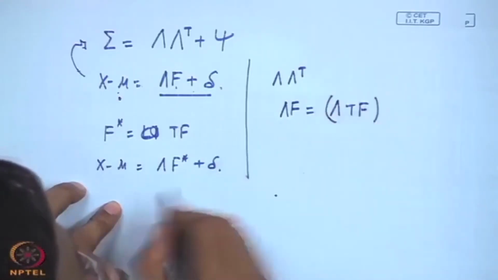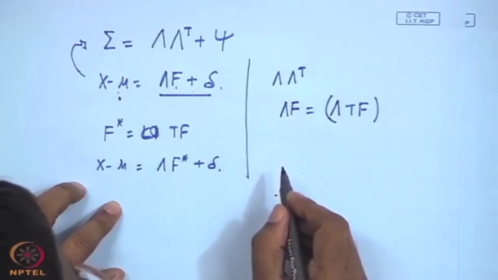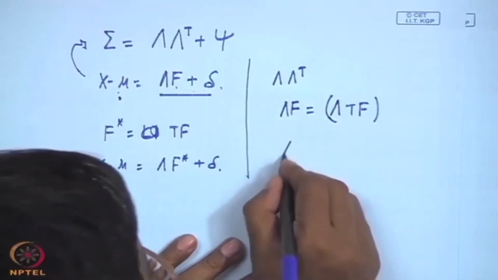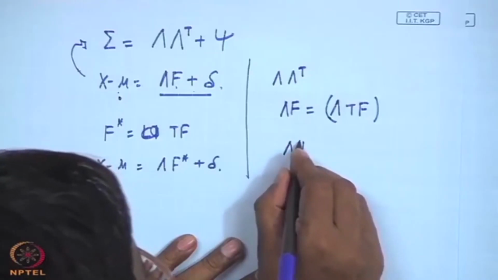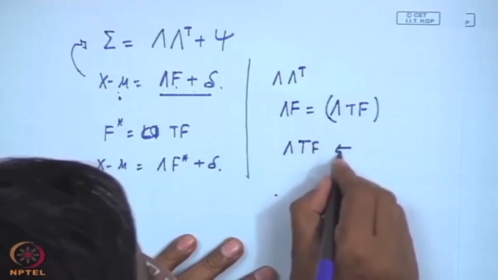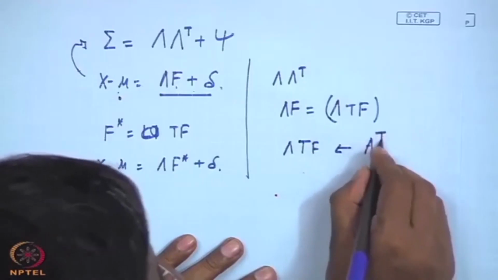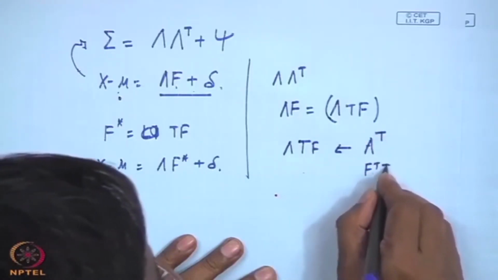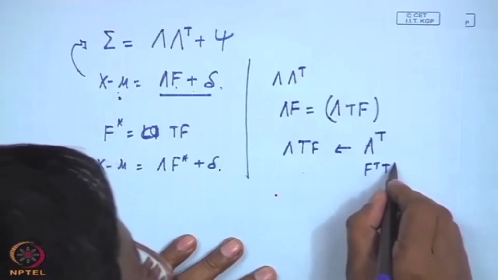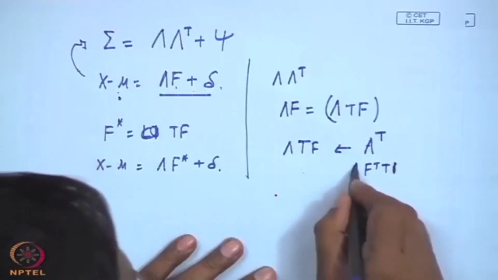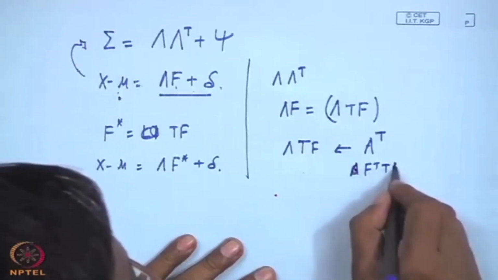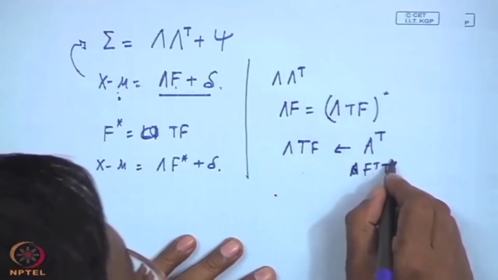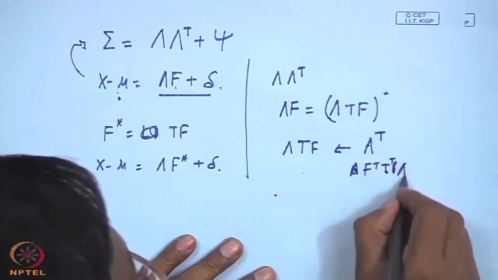So then what I can write is lambda t f, and on this side lambda transpose, that will be f transpose t transpose lambda transpose.